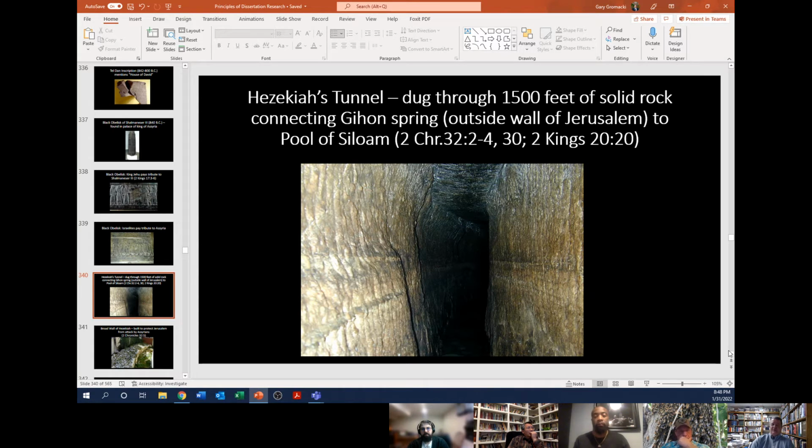Many tourists enjoy going through that tunnel and get an idea of the work it must have taken to bring water into the city. Remember, Jerusalem was surrounded by the Assyrian army, and the angel of the Lord killed 187,000, I think it was, Assyrian soldiers, and Hezekiah and Jerusalem were delivered.